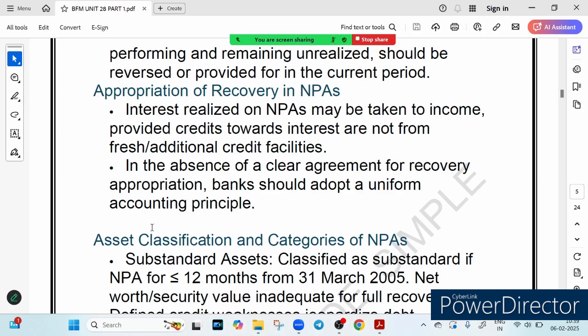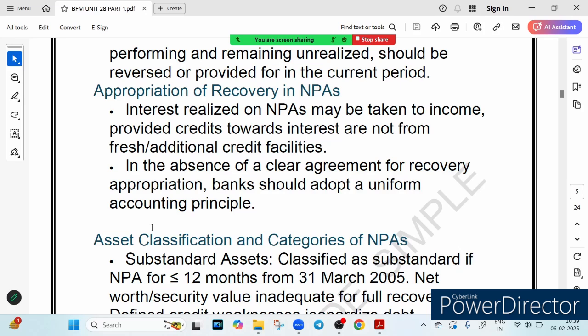Second point is that unrealized fees and commission on NPA must be reversed or provided for. Third point is that if a lease asset's finance charge is unpaid, it must be reversed or it must be provided for.